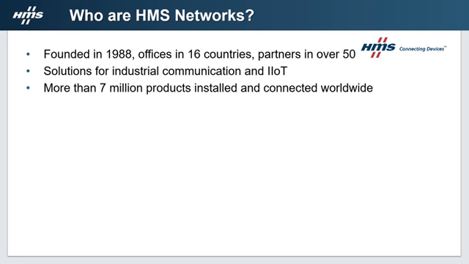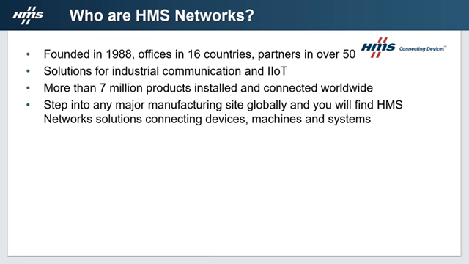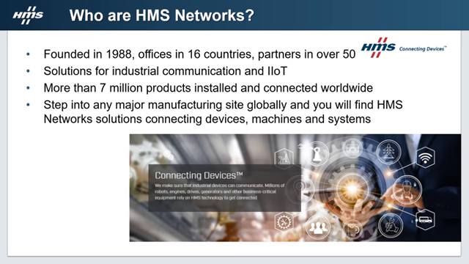We can boast more than 7 million products installed and connected worldwide. Most major manufacturing sites will have at least one HMS Networks solution connecting a device, a machine or a system, whether that is a local connection to a control system or a connection sending data and analytics to a cloud-based solution. HMS Networks can offer the means to connect.